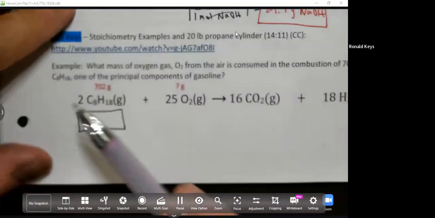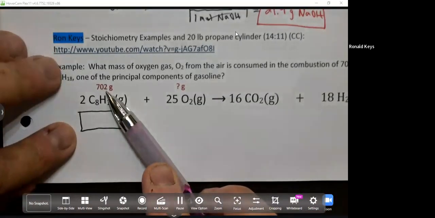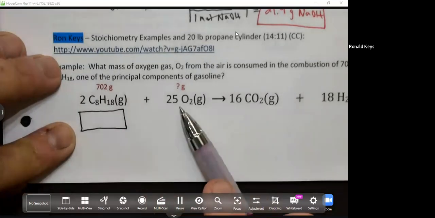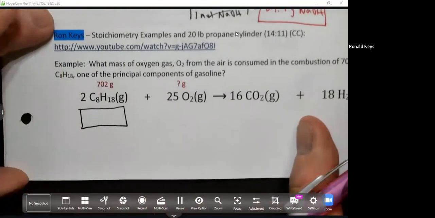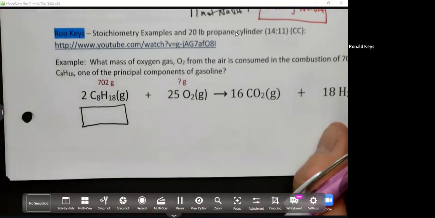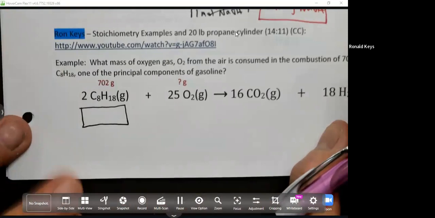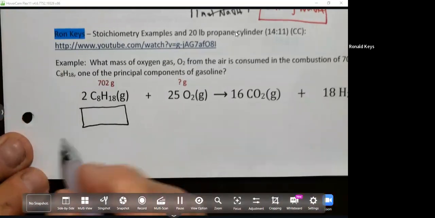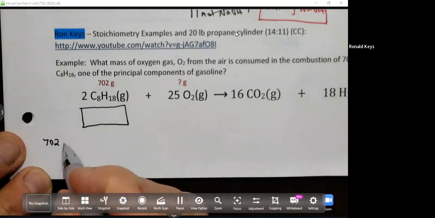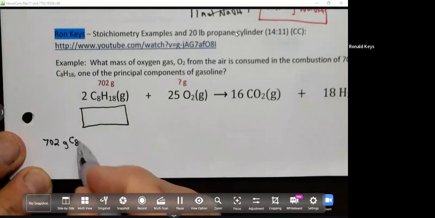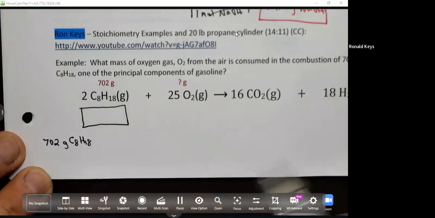Unfortunately, we can't go 702 grams and say the ratio from grams is 25:2. It does not work that way. Everything has to be in moles. So the very first thing we're going to do is convert our 702 grams of C8H18.